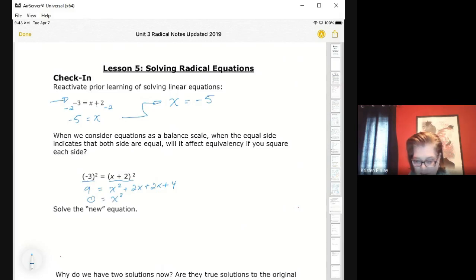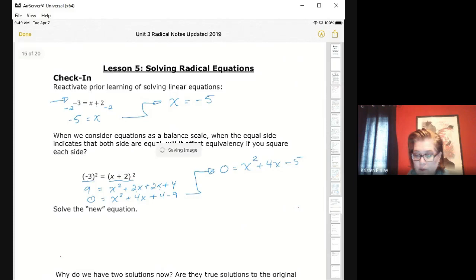So I get x squared, I've got 2x and 2x, so plus 4x, plus 4 minus 9. And then I'm going to have 0 equals x squared plus 4x, 4 minus 9 gives me a -5. So now that's the new equation. Now we want to solve it.